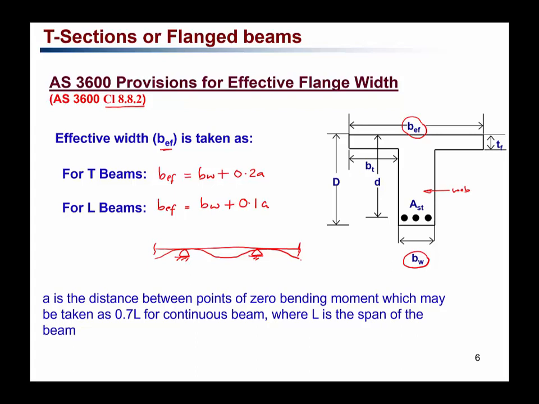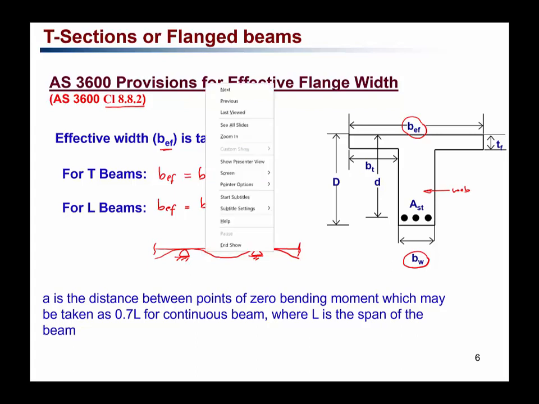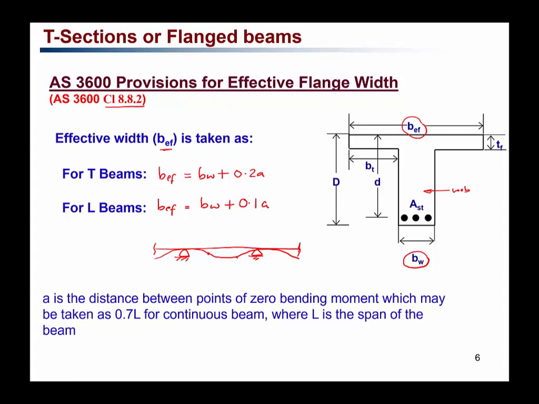So it means the points of zero bending moment are here and here, and this is the A. That means if you are looking at a continuous beam, the distance between the zero bending moments, A, can be taken as 0.7L, where L is the span of the beam itself. So L is the total span of the beam, and A is the distance between the zero bending moment points. If you draw the bending moment for this continuous beam, the distance between the zero bending moments is A, and for the continuous beam, it can be taken as 0.7 times the span of the beam.